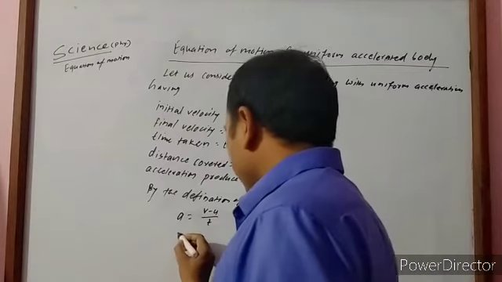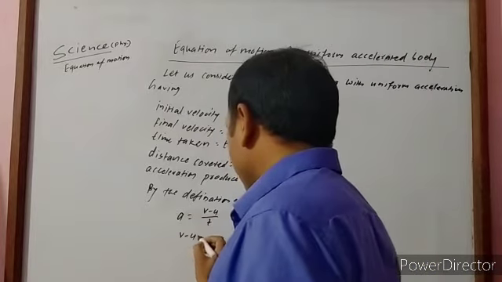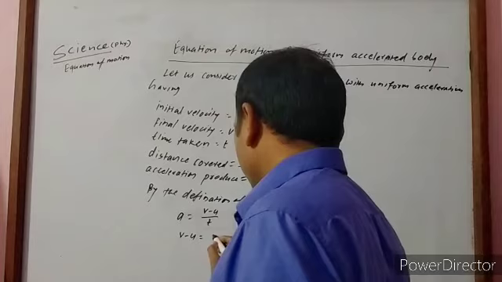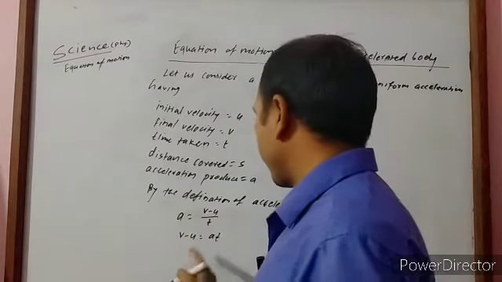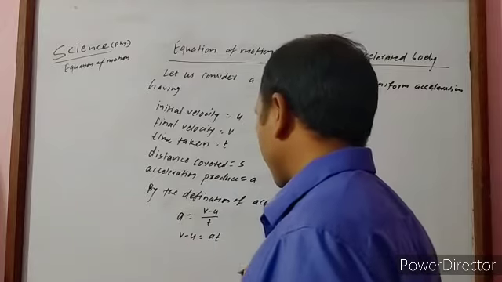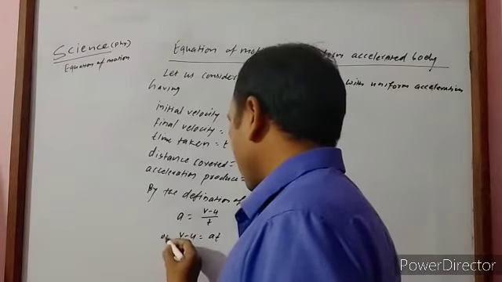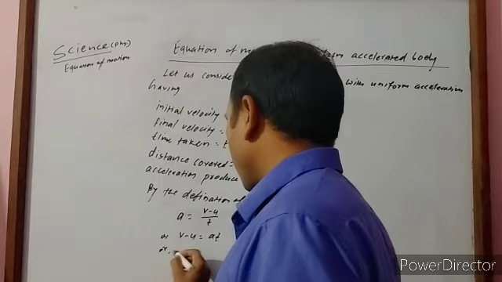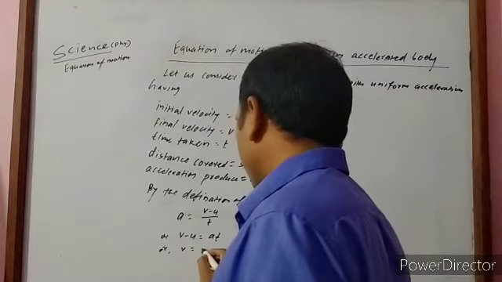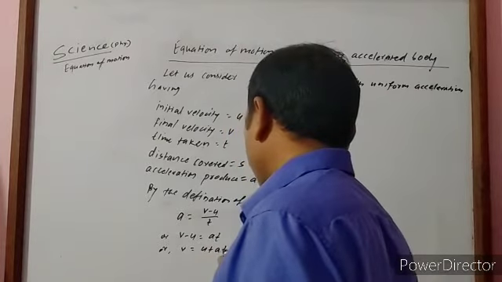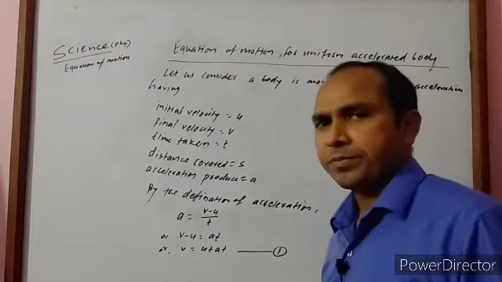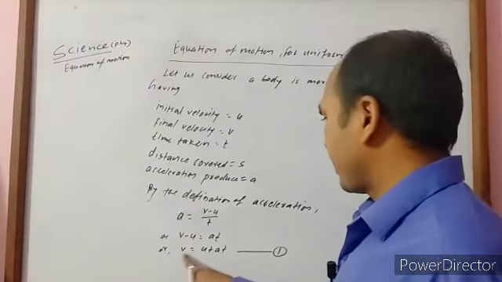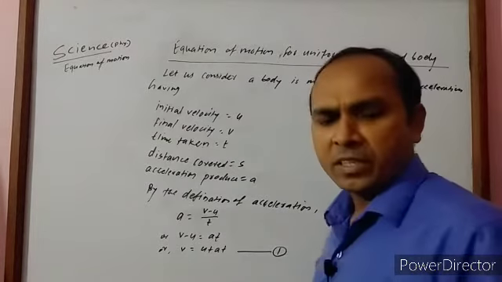After that, v minus u is equal to at, we can write in this way, that is this denominator multiply here, and so v is equal to u plus at. This becomes equation 1.